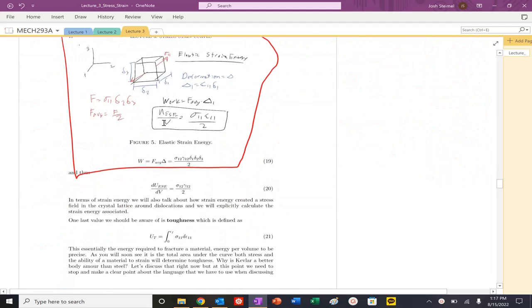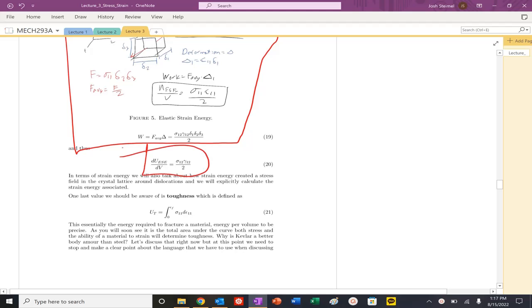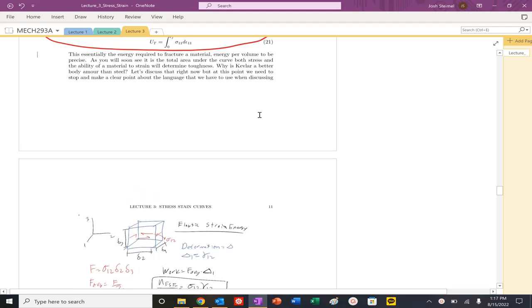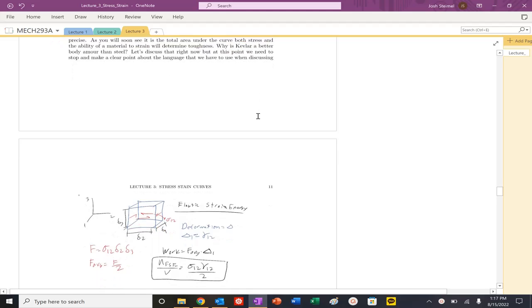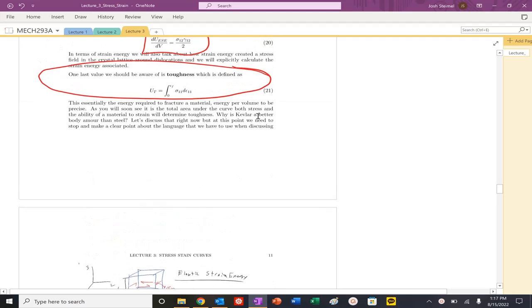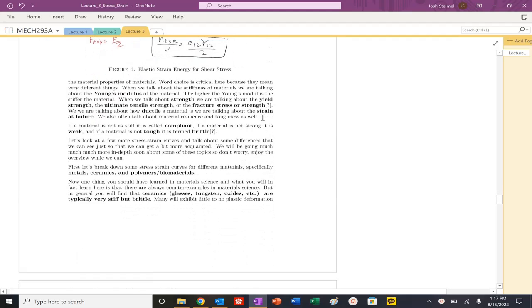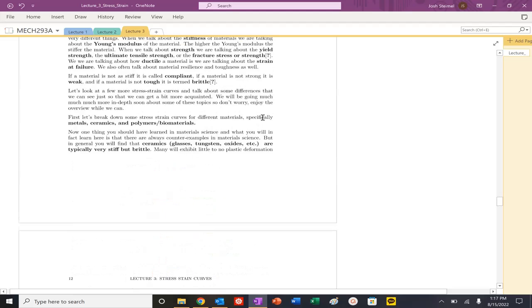We haven't really talked about shear stress, but the same relationship holds. And then you could do the exact same thing for toughness, again energy per volume. Kevlar is better than steel because you can extend so much more; polymers are much more ductile than ceramics or other materials as well.